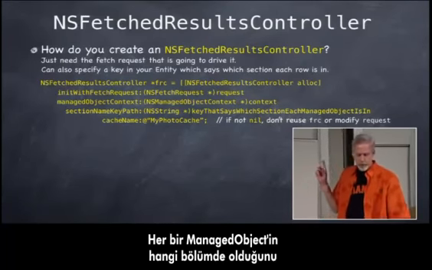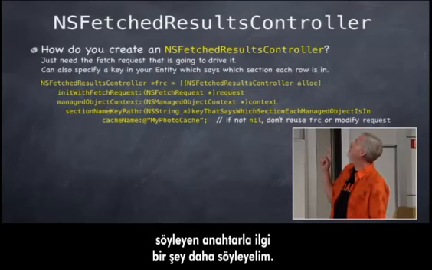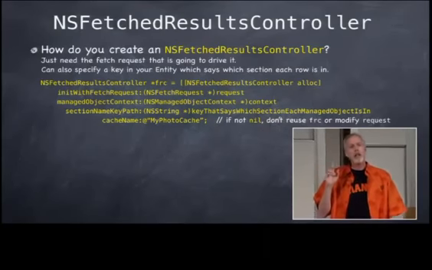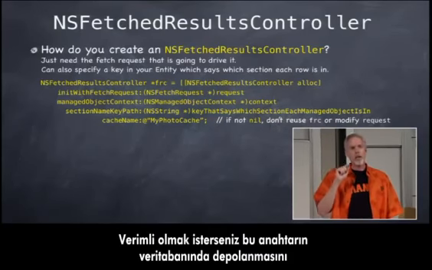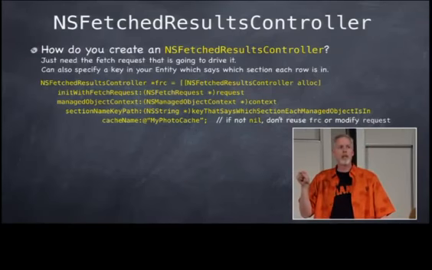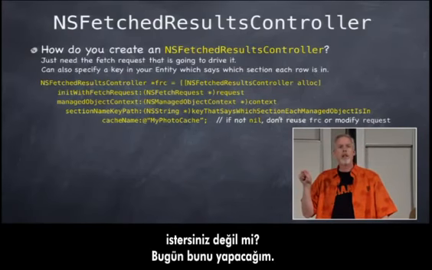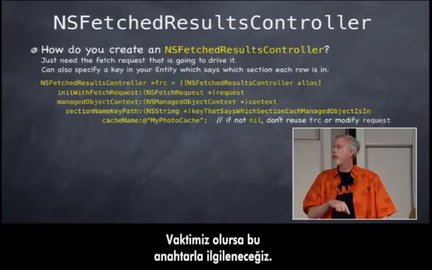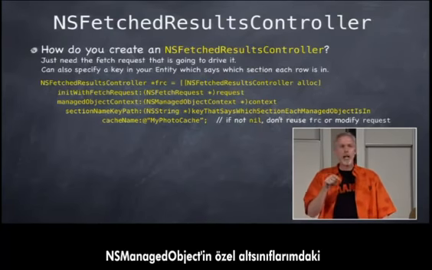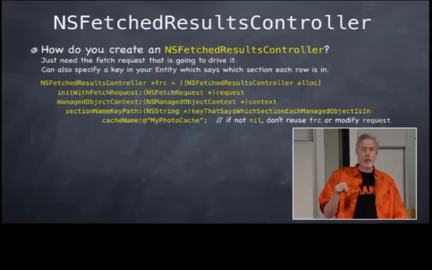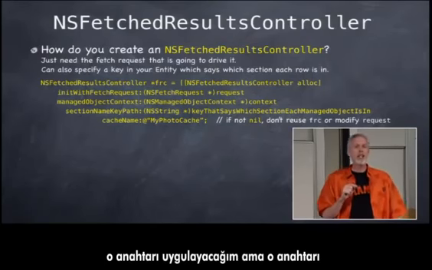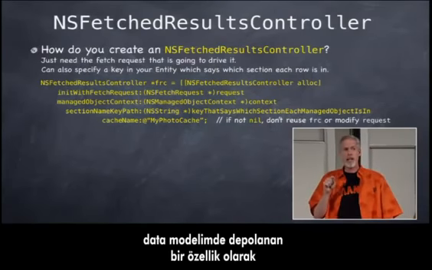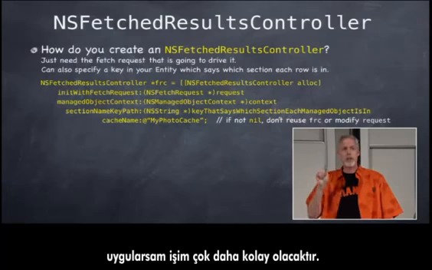One thing about the key that says which section each managed object is in: if you want that to be efficient, you want that key to be stored in the database. Now, today, if we have time, I'm going to implement that key in my custom subclass of NSManagedObject, but really I'd be much better off implementing that key as a stored attribute in my data model.